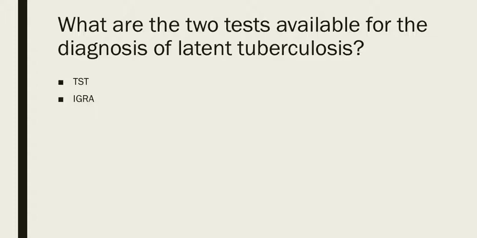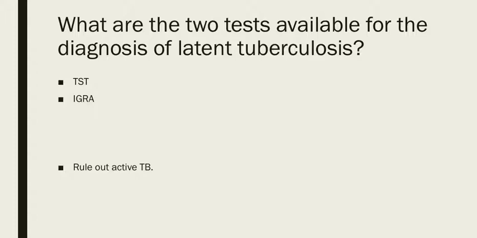in which of these three groups these patients are, because all of them are going to have positive tests. But in these patients, we can rule out active tuberculosis by getting a chest X-ray.